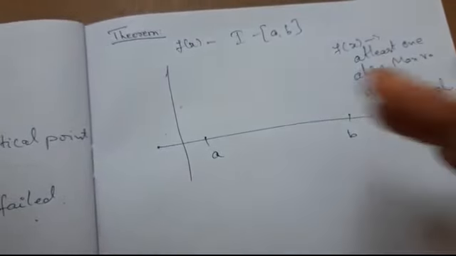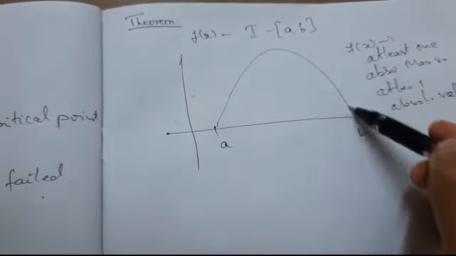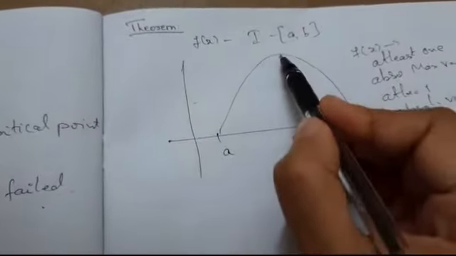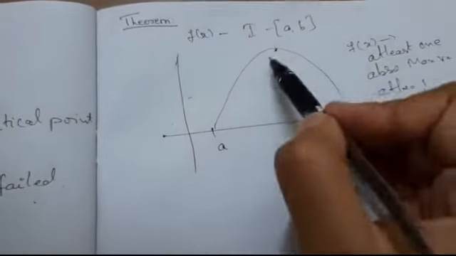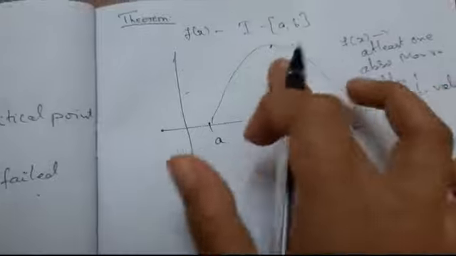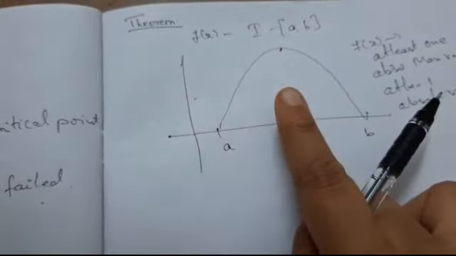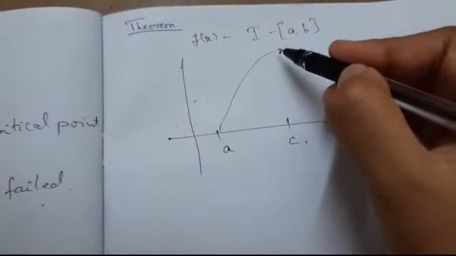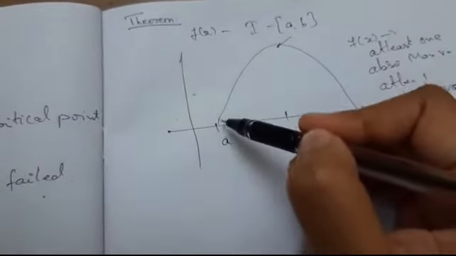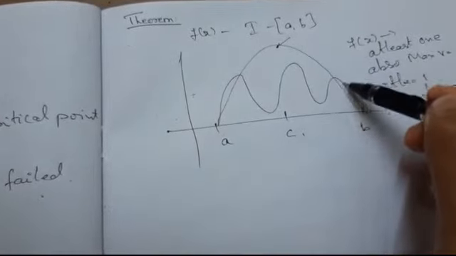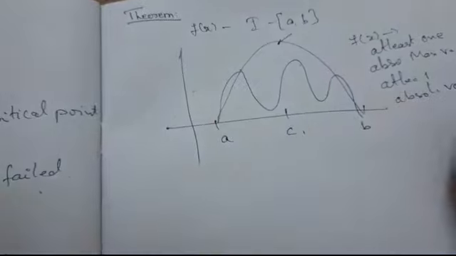Why is it saying this? Whatever might be the function, suppose the function is like this, then this value is a local minimum value, and the local maximum value is also this point. Since within the given interval a comma b we are having only one local maximum value, that value will only become the absolute maximum value. Suppose within the interval a comma b we have a graph like this, having 3 local maximum values.